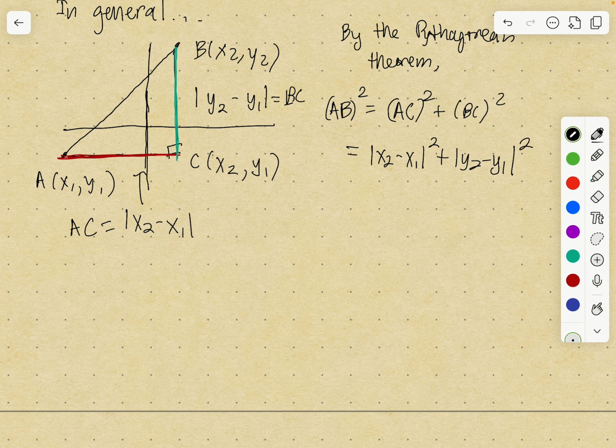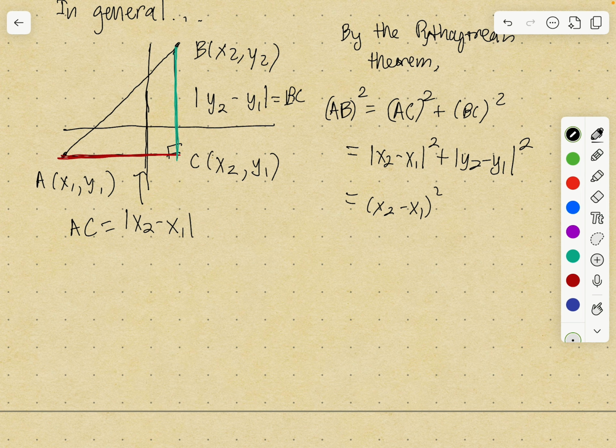Okay, and now how does that simplify? Well, when I take the absolute value of x2 minus x1 and I square it, that's the same as just taking x2 minus x1 and then squaring it. Because when you take the absolute value, you're either not changing the number or multiplying it by negative one.